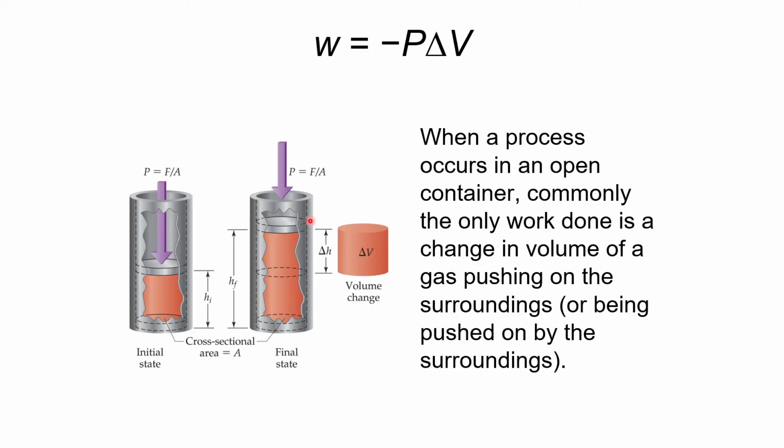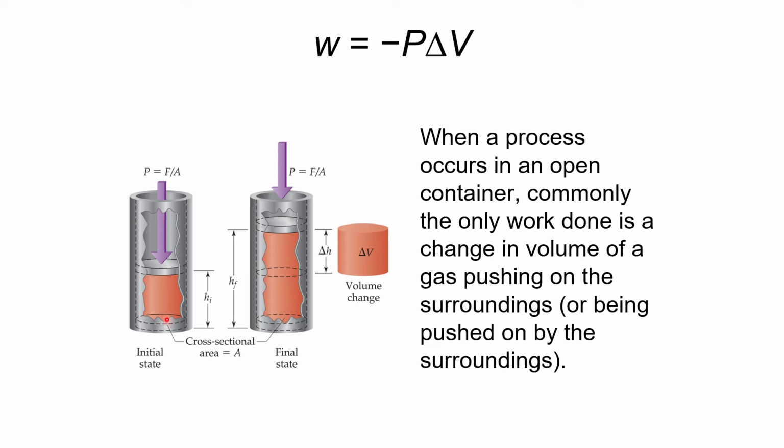So our definition for work is going to be equal to negative P delta V. Now, the reason that the negative is there, I'll explain. Remember, when W is positive, work is done on the system by the surroundings, and when W is negative, work is done by the system on the surroundings.